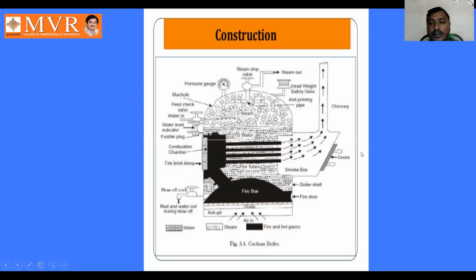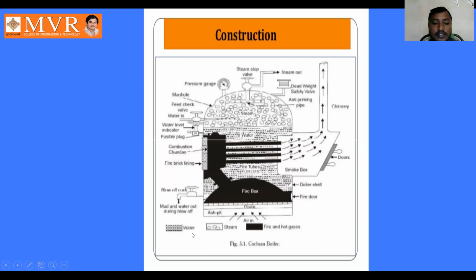See, this is the door which can show the smoke which has been formed here, for checking the smoke. And this is the boiler shell. This is the fire door, and upon the grate the combustion is going to take place.